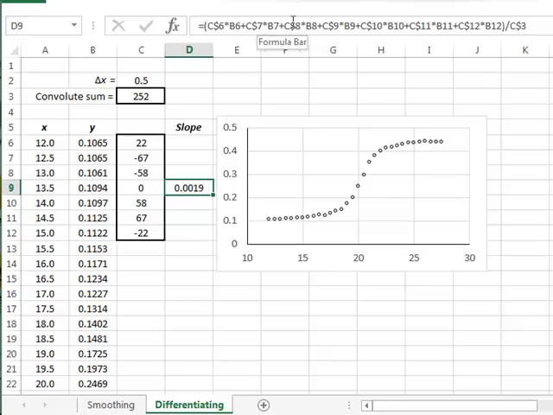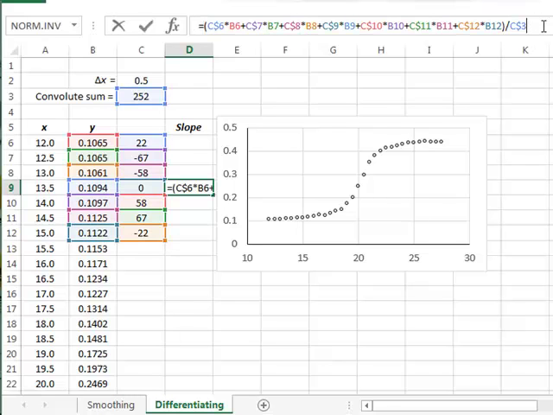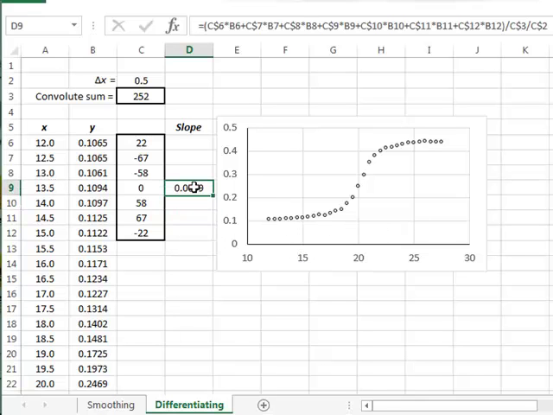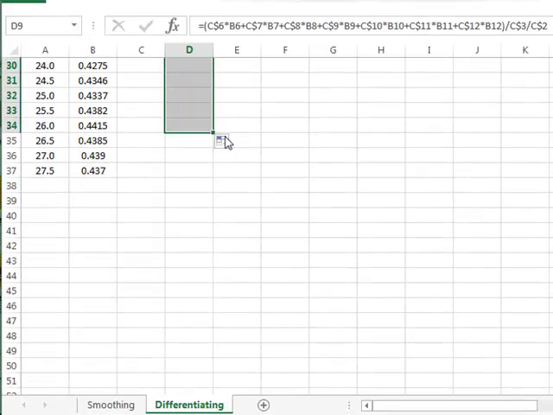So we will modify our calculation here by dividing the difference in y values by the difference in x values in C2 to get the slope, and again with a $ sign. So this gives us the slope of the curve at the point x equals 13.5. We can now copy this down to all the other relevant data values.